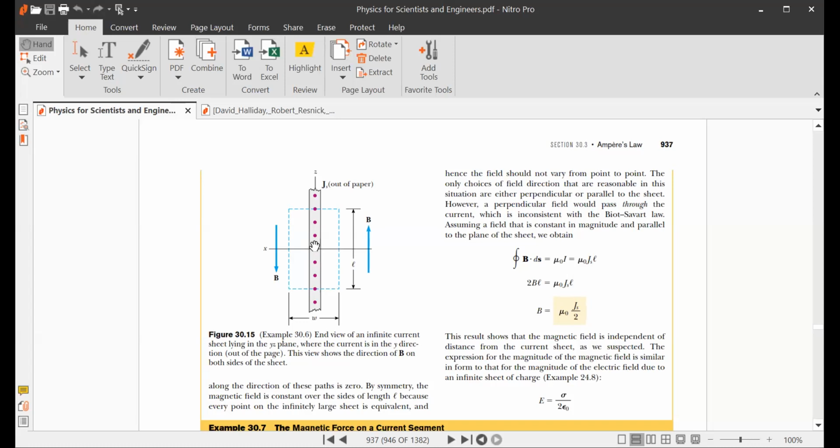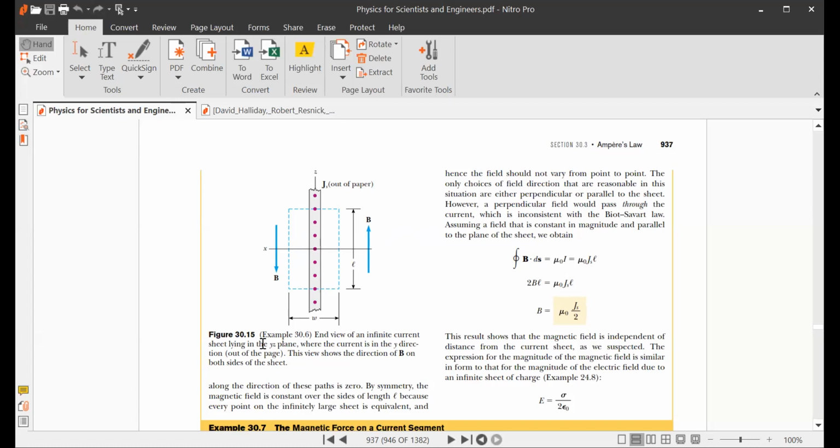On the right-hand side of the plate, we have this magnetic field up, and on the left, it is down.